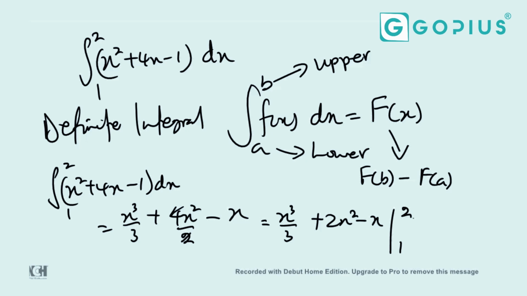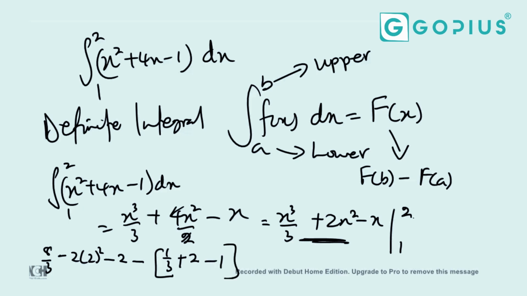Our upper limit here is 2, so we substitute it back into this answer. We have 2 cubed is 8 all over 3 plus 2 times 2 squared minus 2, minus, we now substitute 1. We put it inside the bracket so that the minus sign will open the bracket. So we put 1 here. We have 1 cubed is 1 over 3 plus 2 times 1 squared is 2 minus 1.